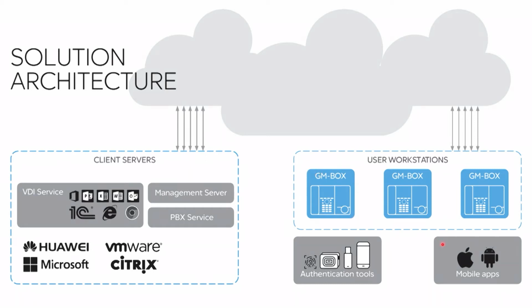Also, we have a mobile app that allows you to authenticate in your corporate network infrastructure. You can also use other methods like fingerprint, HID card, USB tokens, or even your typical login and password to access all your services.